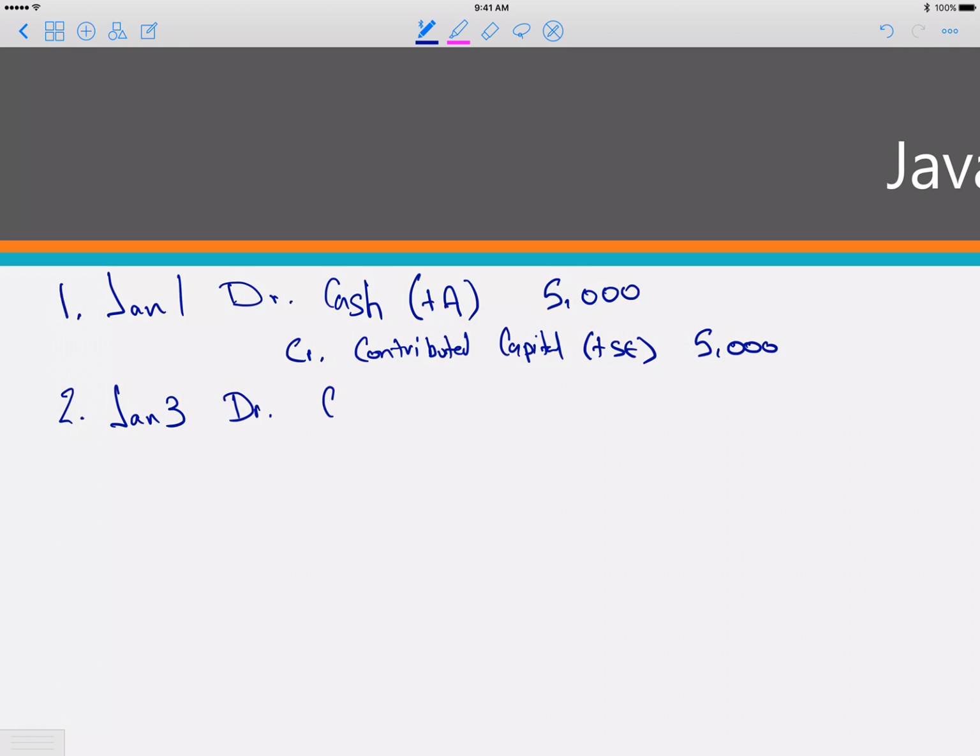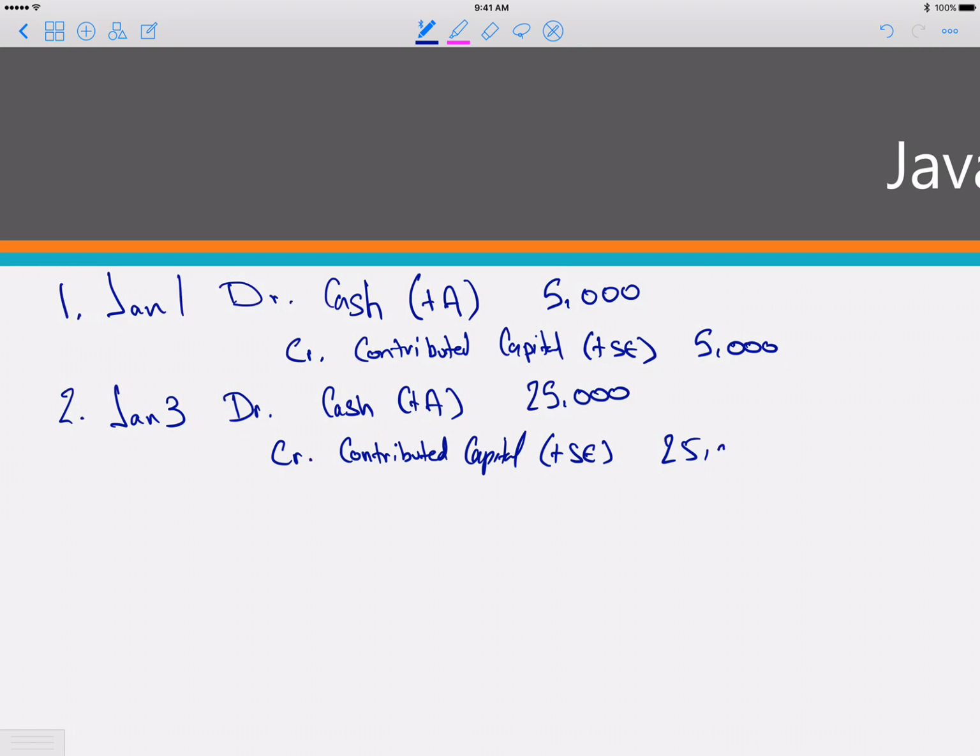The company receives more cash, so it is an increase to assets of $25,000. And remember, this is an investment. Jill is also going to be an owner of the company. So we credit contributed capital, and it is also an increase to shareholders' equity of $25,000.